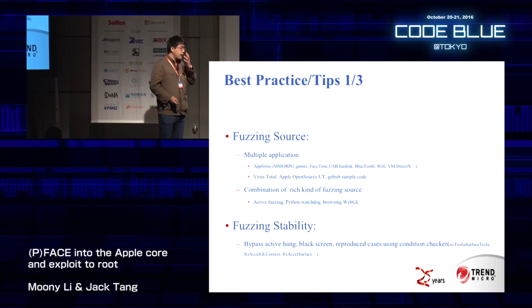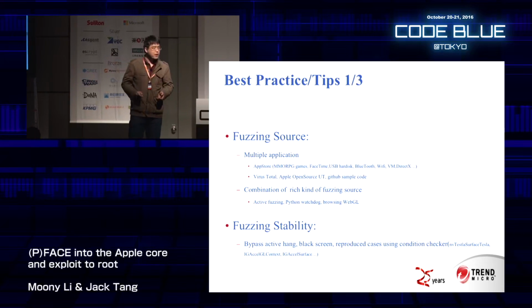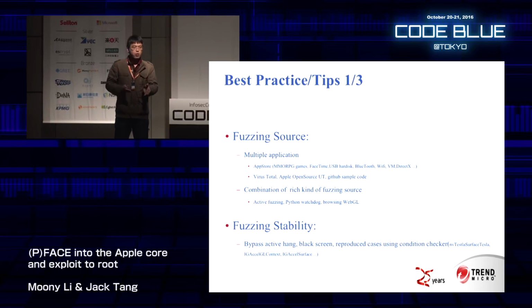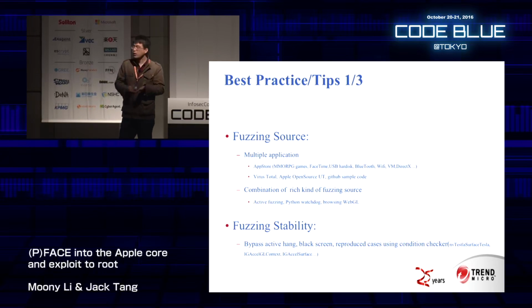And we have found that using the passive fuzzing framework, some modules are more vulnerable and more crashable than other modules, for example, the graphics related module. Then the other kinds of modules could not be touched by our fuzzing.